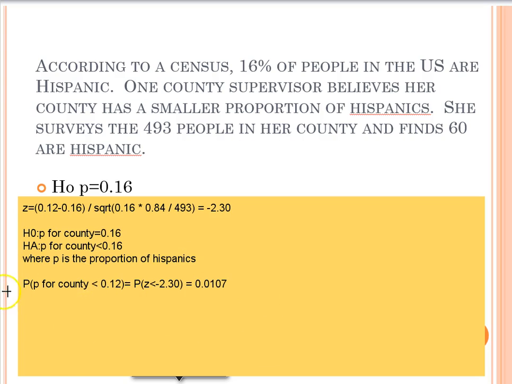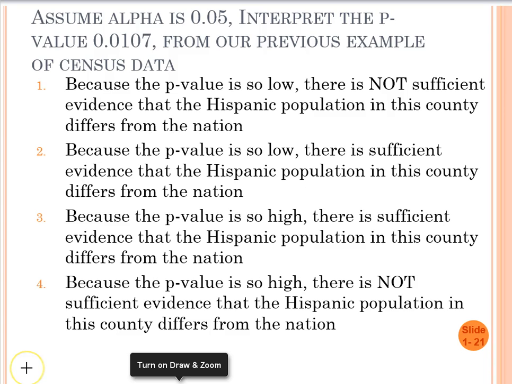But we need to compare this to our alpha level to fully understand whether or not we should reject or fail to reject. So let's assume the alpha level is 0.05. That is, we want a significance level of 5%.